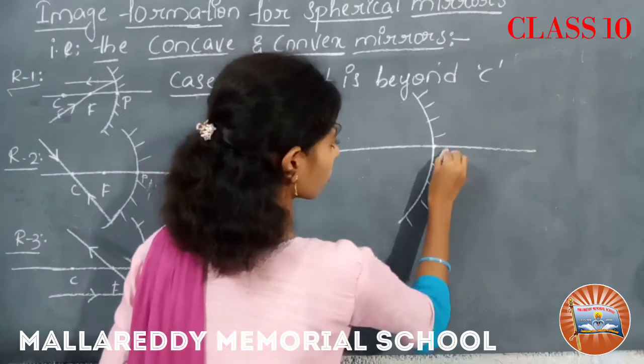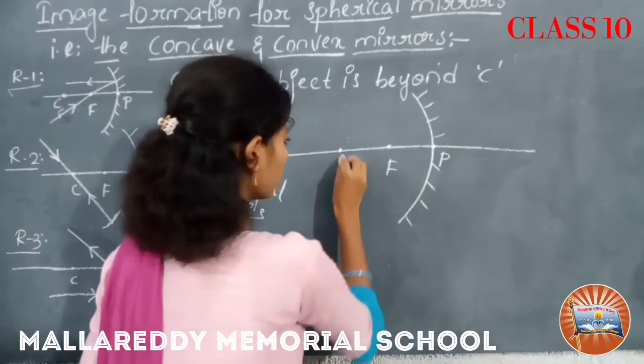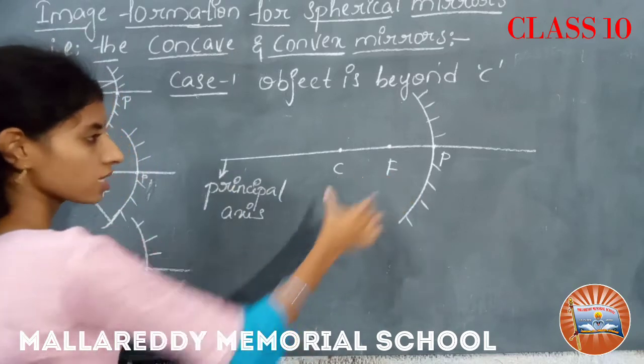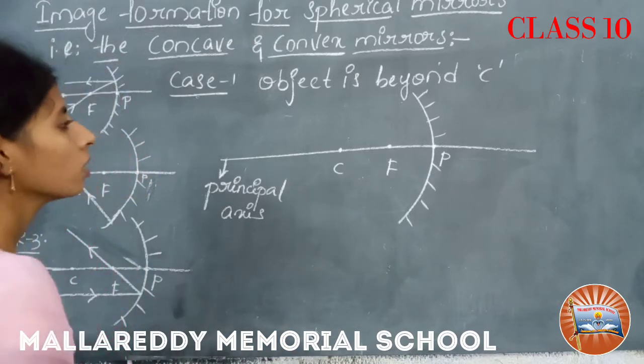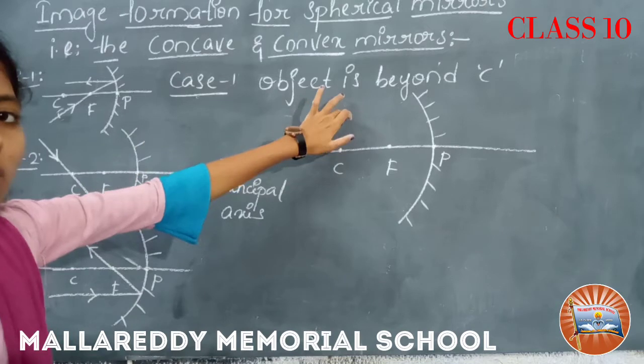Now at the midpoint we have the pole, principal focus and center of curvature. Take equal distances between C, F and P. Now here the object is beyond C.